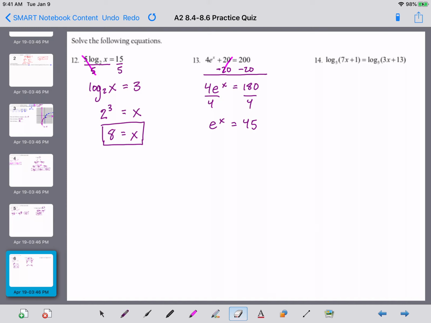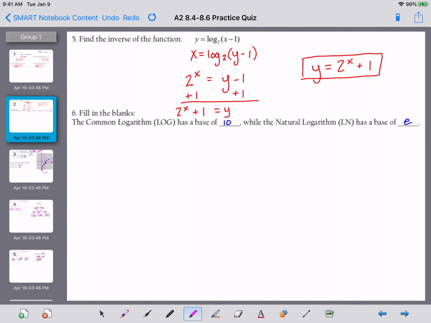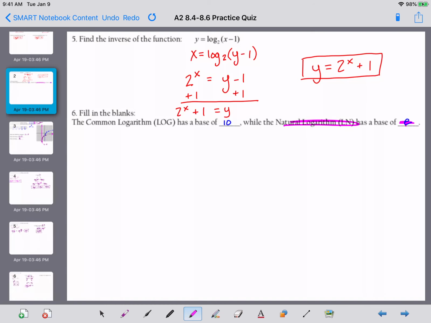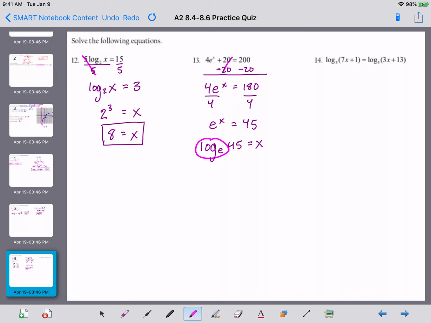And now we can go ahead and change the form. So this is log base e of 45 is equal to x. Now you should recognize this. Remember back here in problem number 6, we said the natural log has a base of e. Well, that's what we got going on right here in number 13.